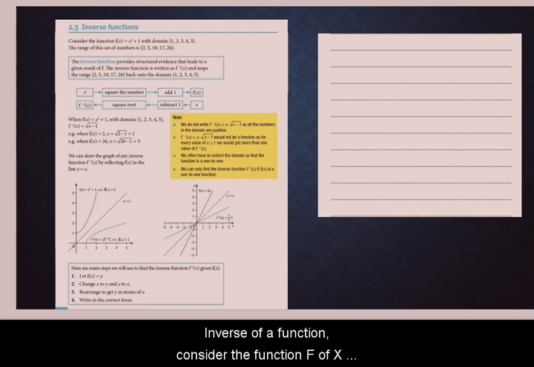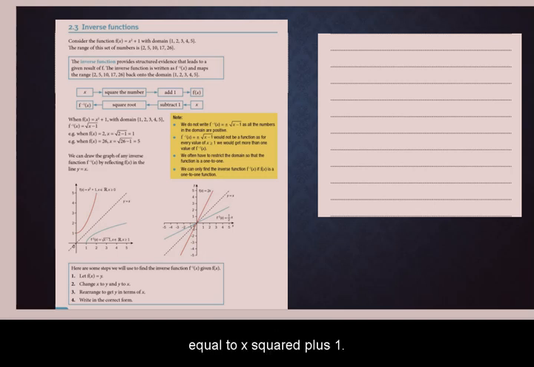Inverse of a function. Consider the function f of x equal to x squared plus 1. So we have x squared plus 1, right? The domain of this function is 1, 2, 3, 4, 5.